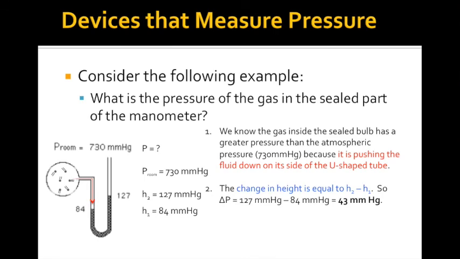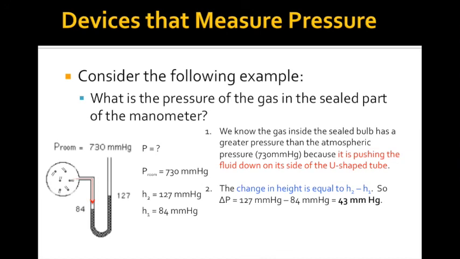That change in height that you see, it's 84 here on the bulb side and 127 on the side that's open to the room. All you literally have to do is measure that height in millimeters, and that's where the millimeters of mercury comes from. Okay, so the change in height, that's 127 on the high side and 84 on the low side.